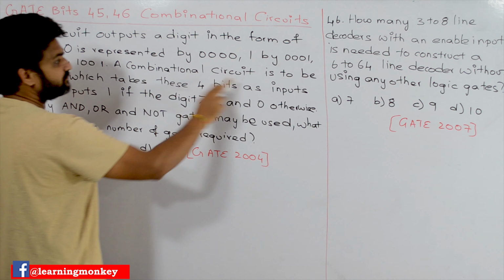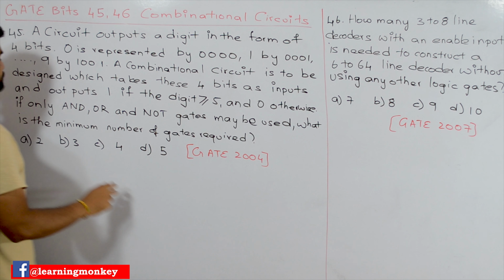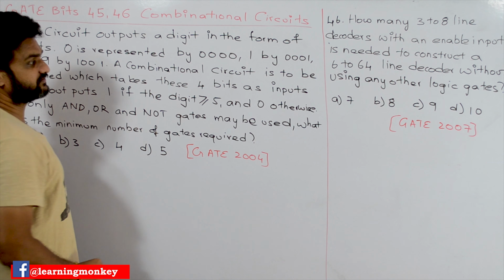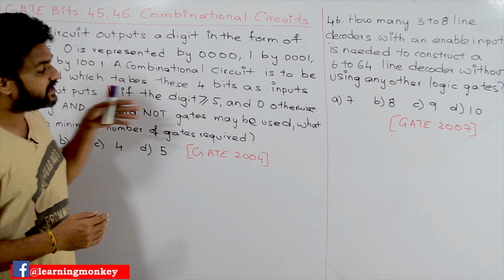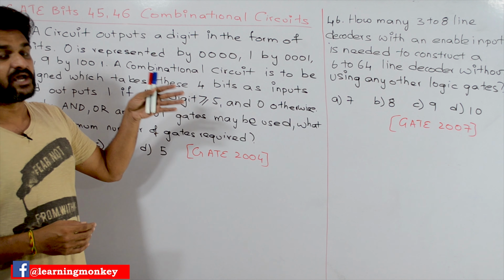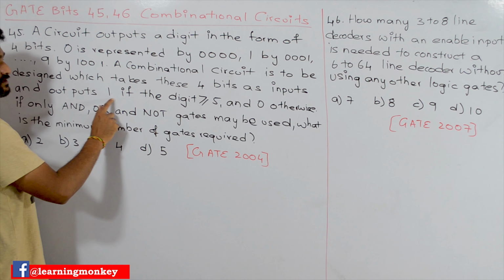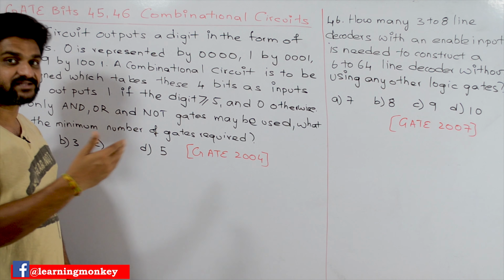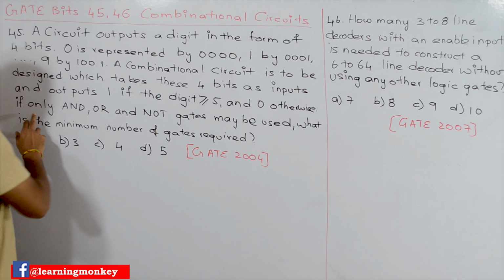A combinational circuit is to be designed which takes 4 bits as inputs and outputs 1 if the digit is greater than 5. So we have to design the circuit so that it takes 4 input bits and outputs 1 if the digit is greater than 5, otherwise it outputs 0.